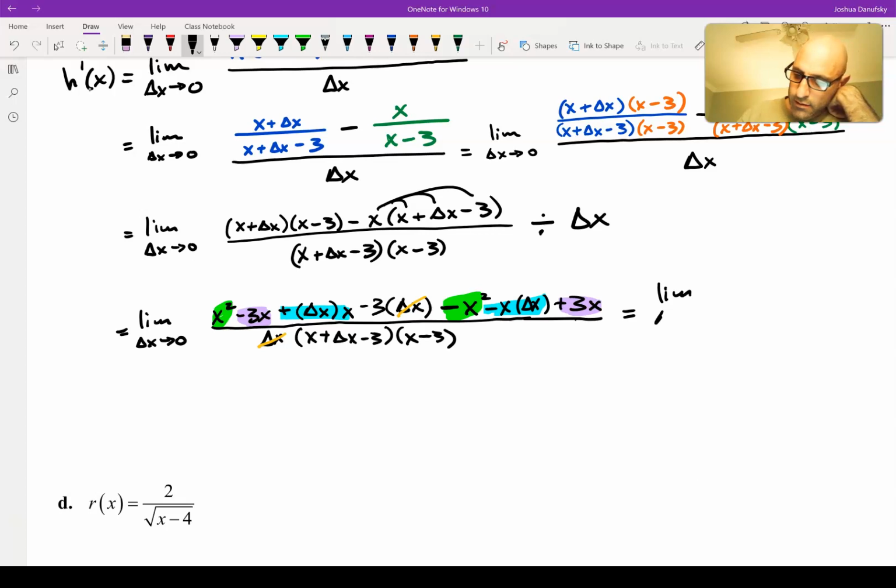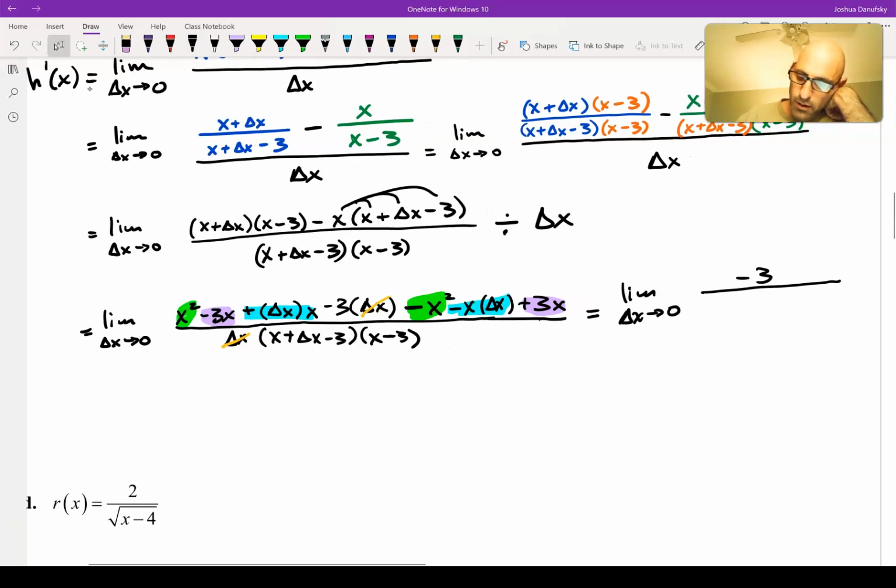The limit as delta x approaches 0, we've got -3 in the numerator. And on the bottom, we have x plus delta x minus 3 times x minus 3.